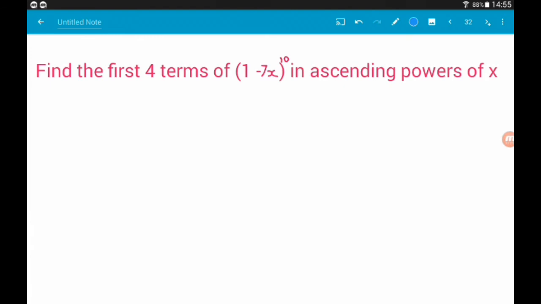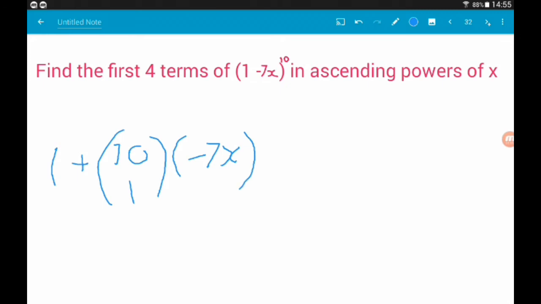So, in ascending powers means we're starting off with the lowest power of x and working our way up. So, we're not going to use Pascal's triangle for this one. So, our expansion then is going to be 1 for our first term. Then it's going to be 10 choose 1 times minus 7x, like that.